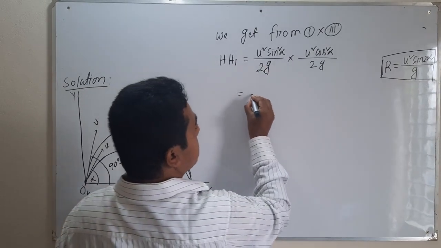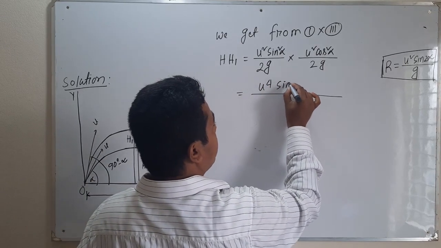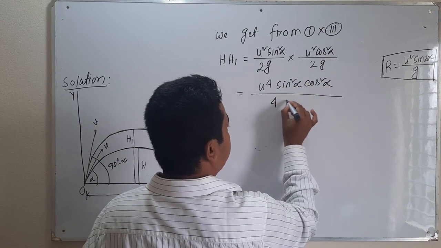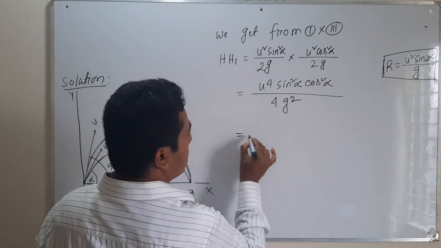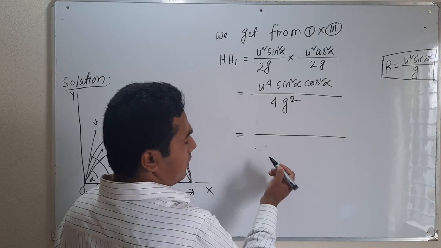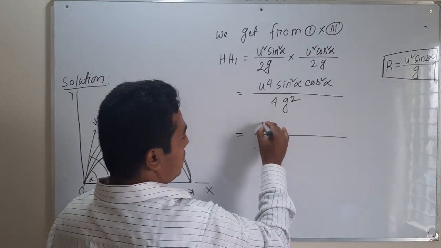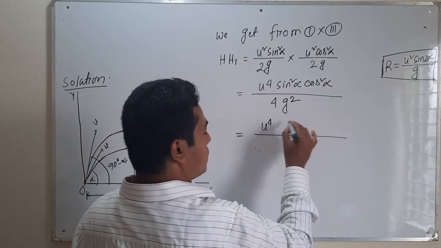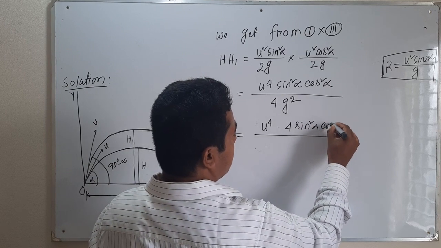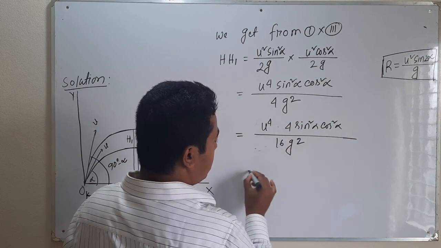So h h1 is equal to u to the power 4 sin square alpha cos square alpha divided by 4 g square. We need to multiply numerator and denominator by 4, so u4 into 4 sin square alpha cos square alpha divided by 16 g square.